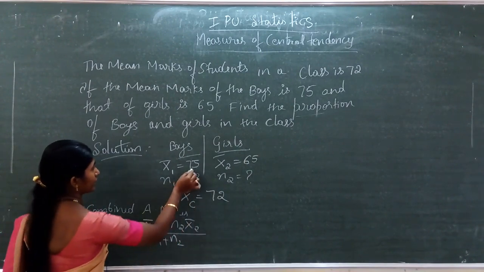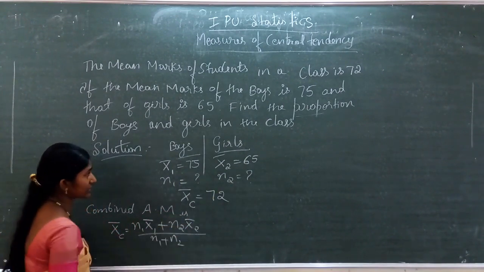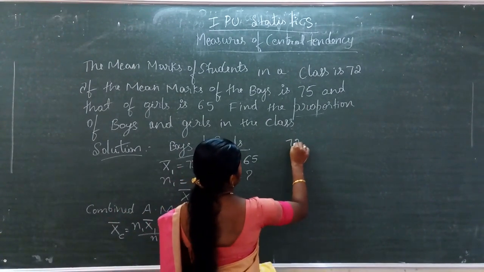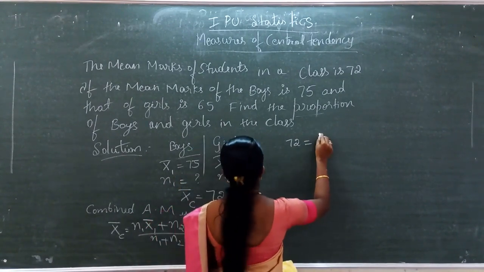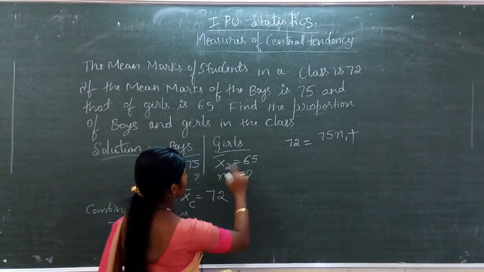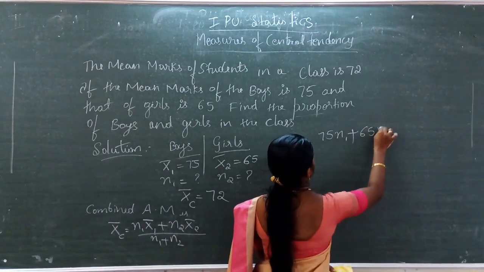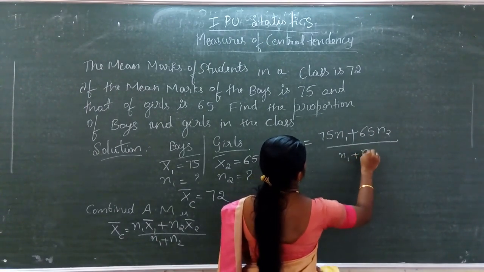Instead of x1 bar write 75 and x2 bar is 65. This one is 72. Here 72 equal to n1, we don't know, x1 is 75 into n1 plus 65 into n2 divided by n1 plus n2.